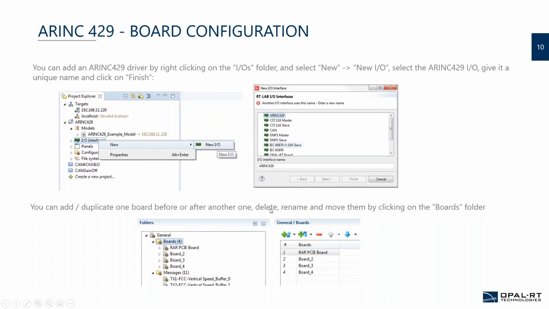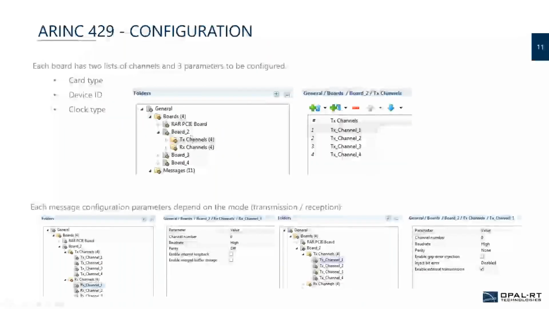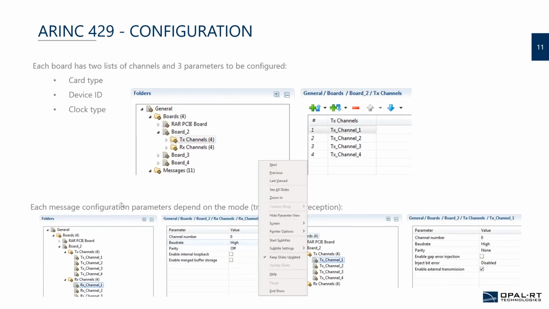When you add a board, depending on the configuration, you will have different TX and RX channels. We can name them as well. In here, we have a board with 4 channels, so it's a configuration of 4 TX and 4 RX. In the configuration itself, you define the baud rate, whether it is high or low, and whether to enable the parity on this channel.